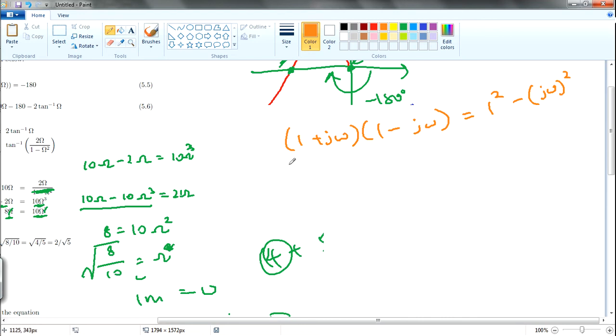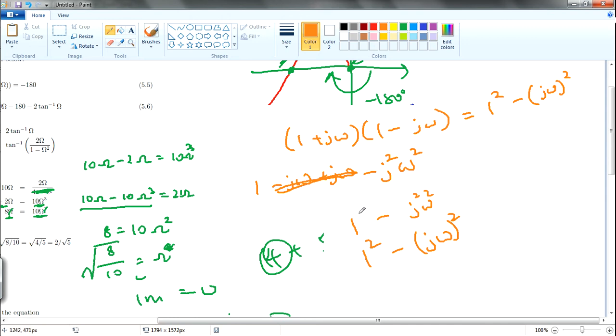If I do that, this is 1 times minus j omega, and then plus j omega, and then minus j squared omega squared. So this will be cancelled, and therefore as you can see I have 1 minus j squared omega squared. If I rearrange, because 1 squared is equal to 1, we derive this equation.